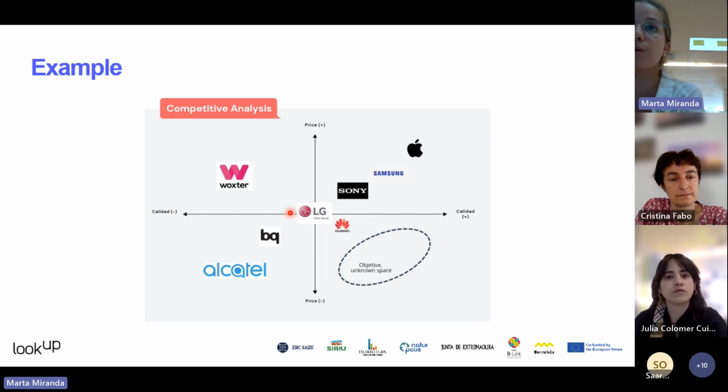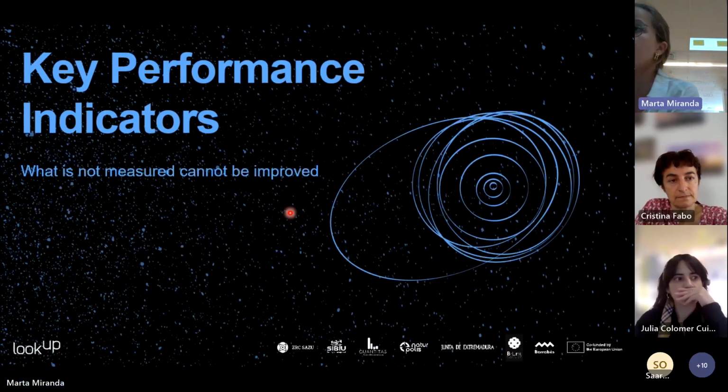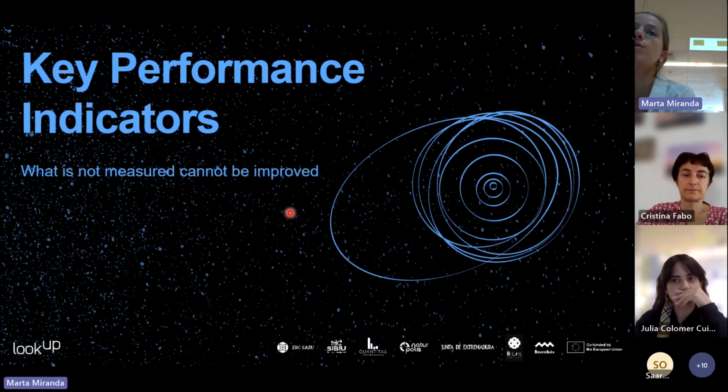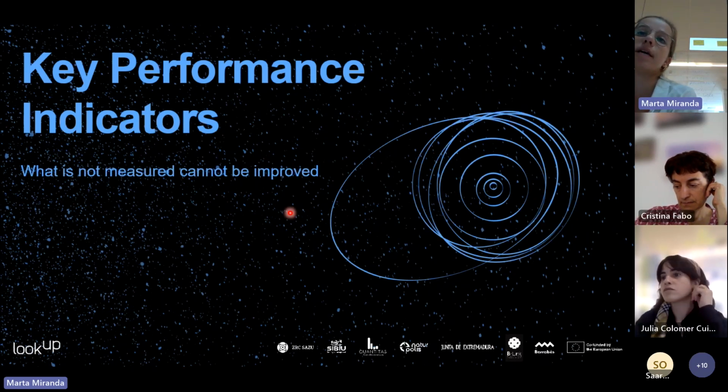And this is another tool that you will later fulfill in your product, in your project-based learning with the idea of your new business model. So just to finish, we're going to see quickly this last part, where we're going to talk about key performance indicators.